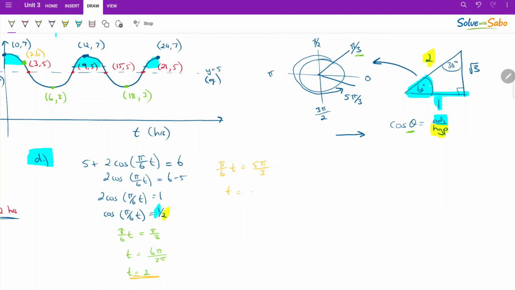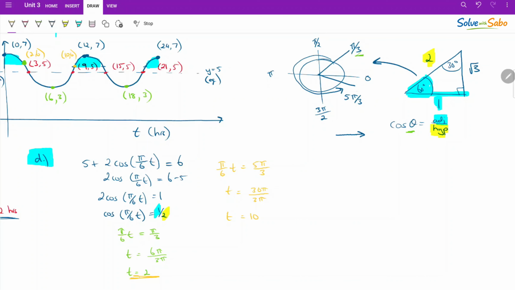Again, we rearrange: 30 pi over 3 pi. Well, 30 divided by 3, pi divided by pi, 10 hours. Well, that must be that point there, right? So that bit there must be 10 hours at 6 meters deep.